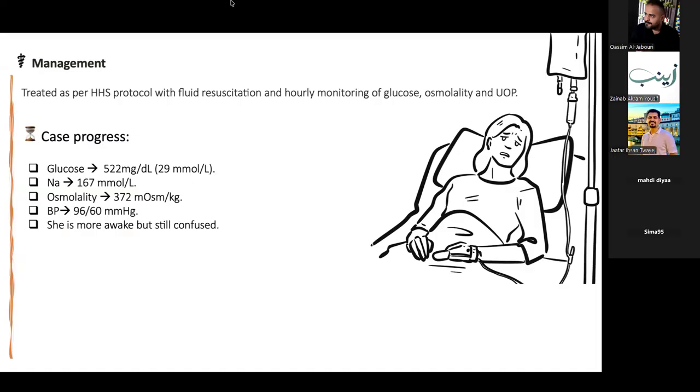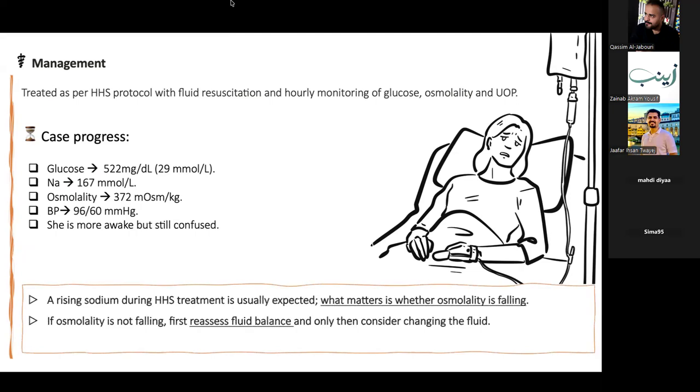Okay, thank you. What we said is that a rising sodium during HHS treatment is expected, and what matters is usually the osmolality. If you go back to the chart from the JBDS guideline, as long as you have adequate hydration, positive fluid balance, and the osmolality is dropping, you should not worry about the rising sodium because that initial rise is expected.